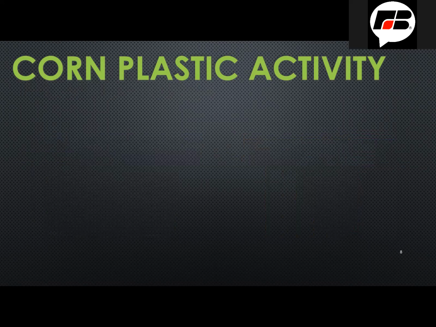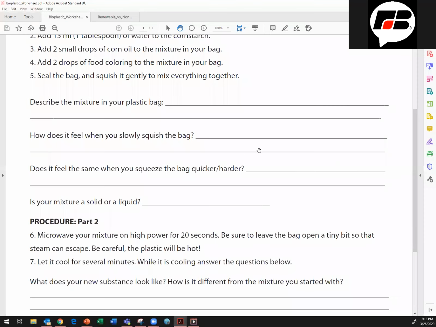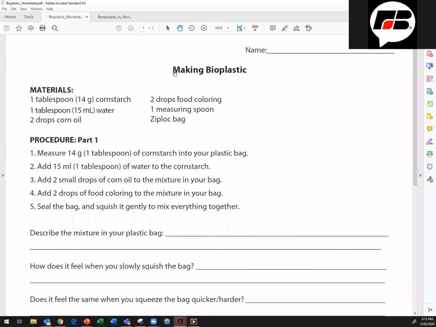We are going to do our bioplastic activity, and we are going to need a few supplies to do that. First, we need to use our bioplastic making worksheet. You are going to need a few ingredients to help us complete the activity.